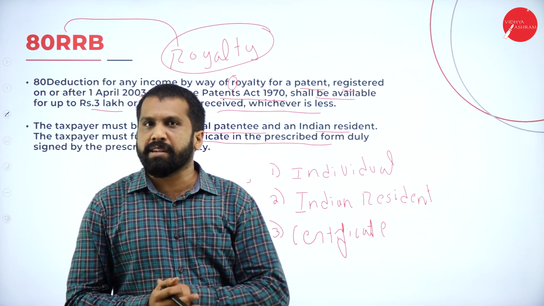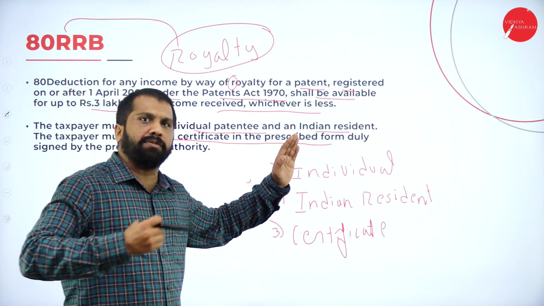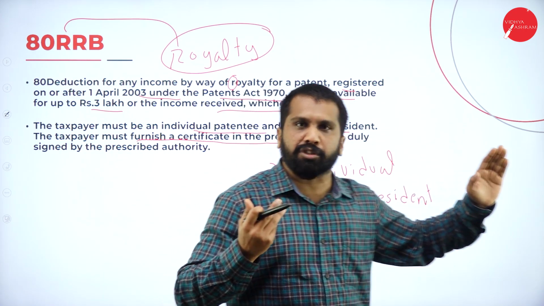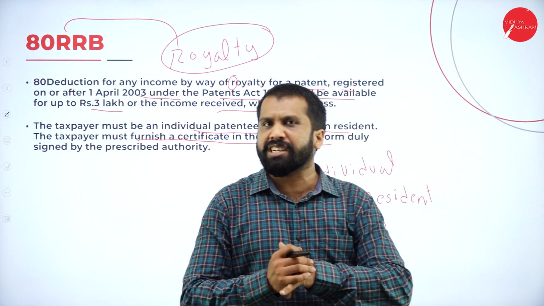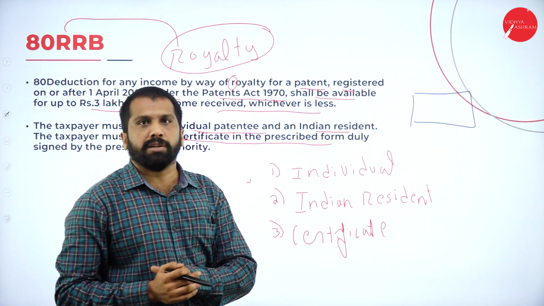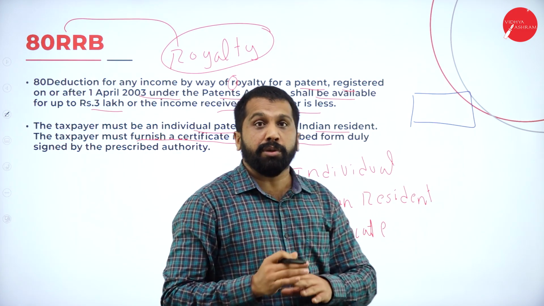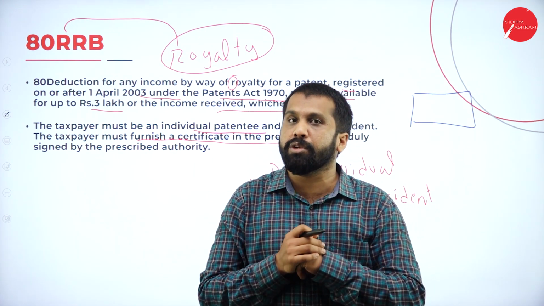Now, what is the meaning of royalty? You know very well because you have already learned, but I'll give you a brief explanation. Royalty means what? Just assume that I have a land. What kind of land? It is a very precious one, a good one. You can do mining in that.